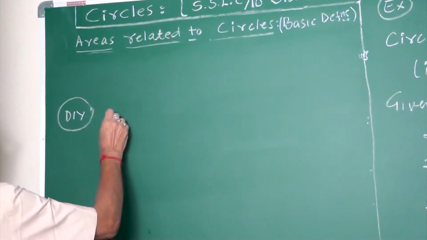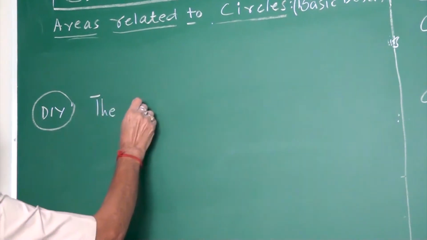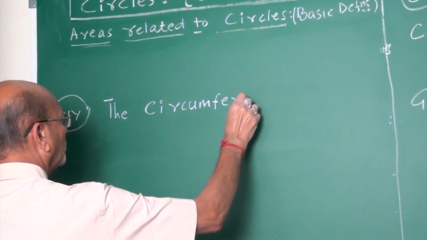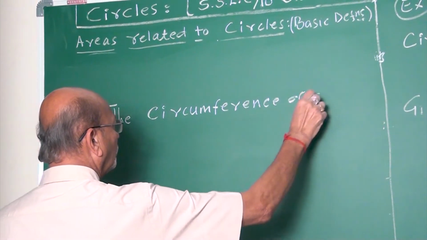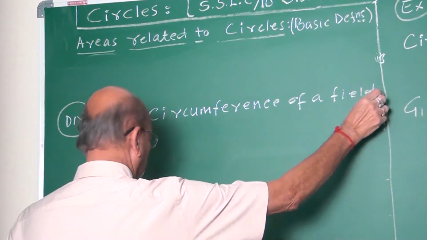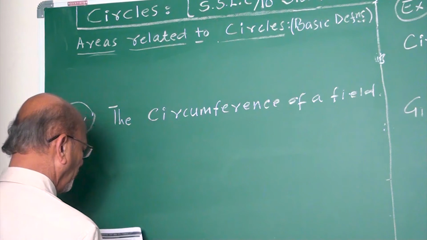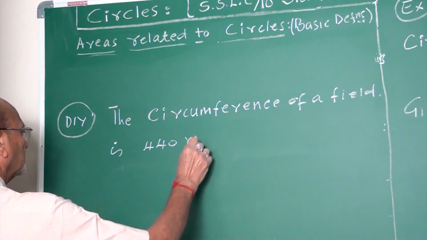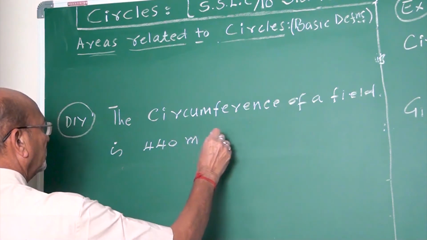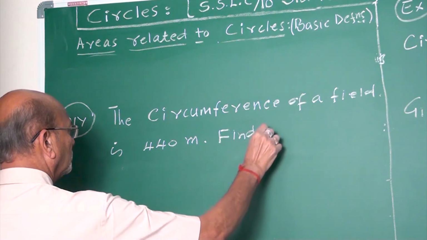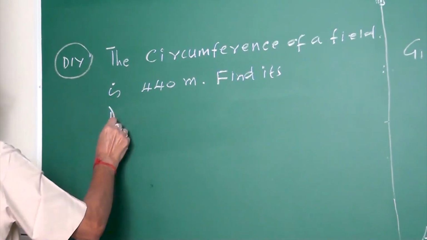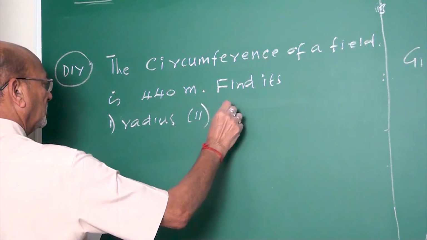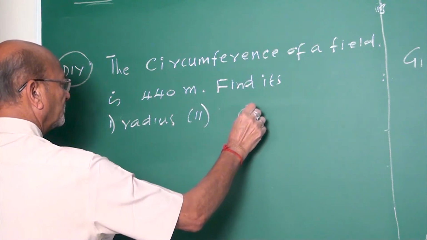The circumference of a field is 440 meter. Find its radius, and second, its area.